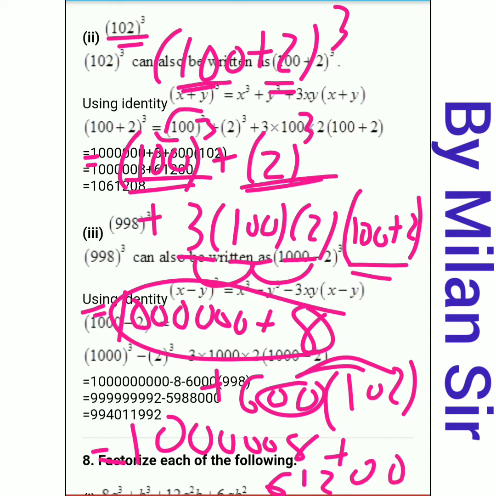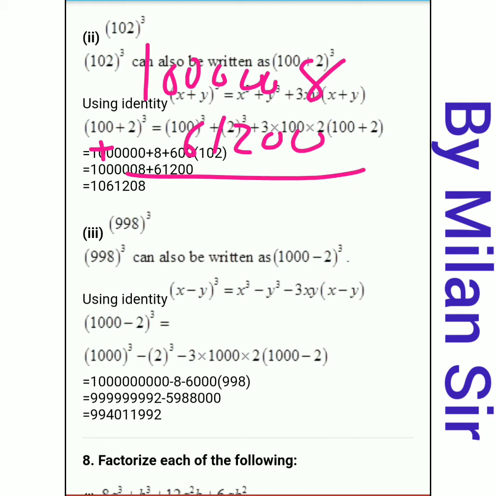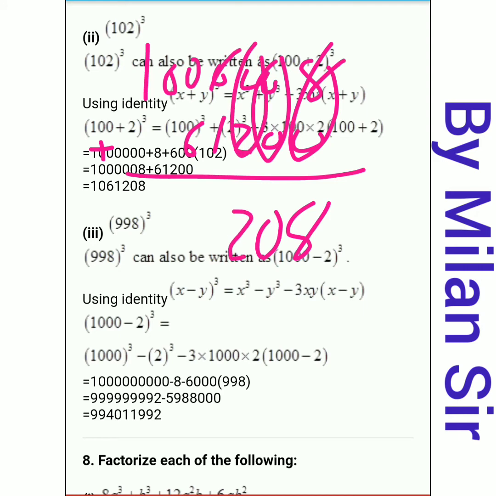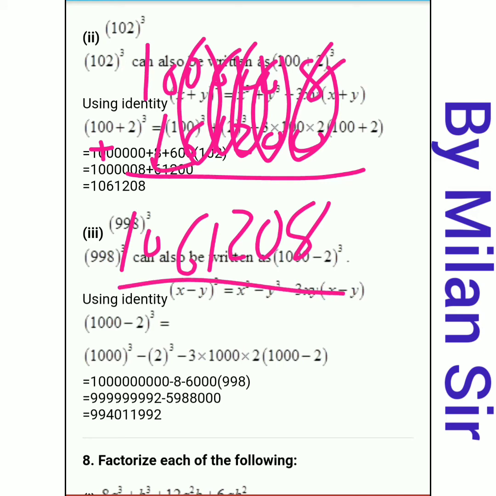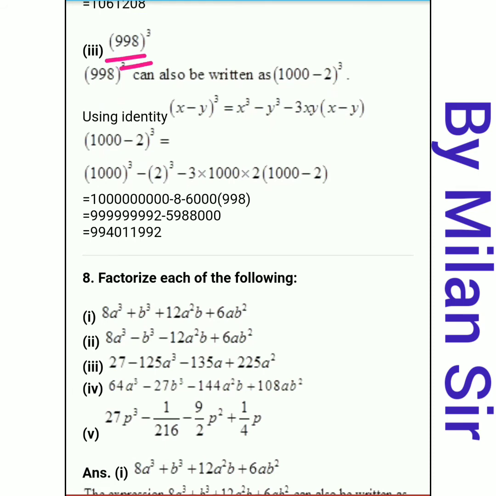So 10 lakh 8 plus 61,200: 1, 2, 3, 4, 5 zeros, 8 plus 200, and before that 61. Now we add these two. 8 plus 0 is 8, 0 plus 0 is 0, 0 plus 2 is 2, 0 plus 1 is 1, 0 plus 6 is 6, and 10 remains as it is. So this is our final answer, 10 lakh 61,208.